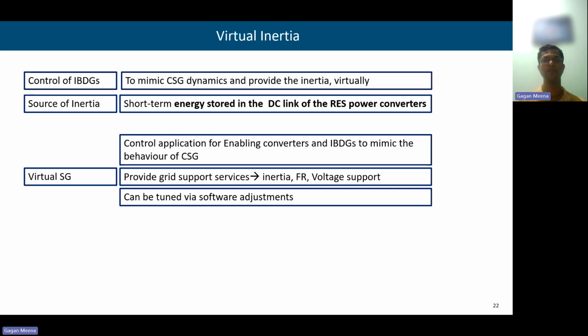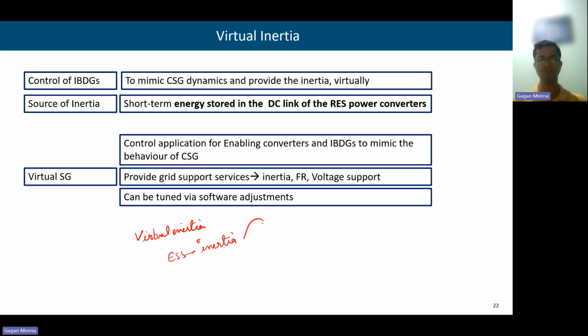Right now, the inertia is decreasing, and as the penetration of renewable energy increases more and more, this inertia requirement will be huge. Since we have come here, let us discuss this point: there are certain energy storages which can provide inherent inertia.